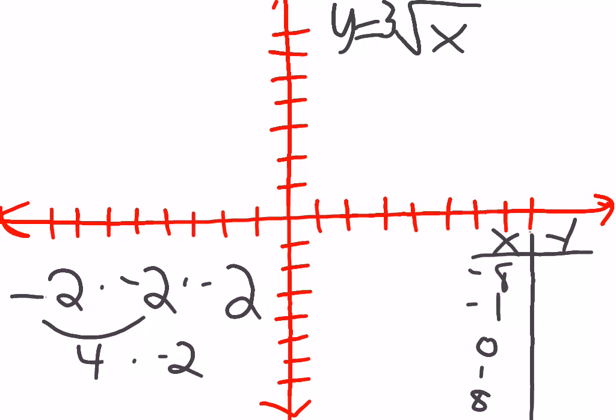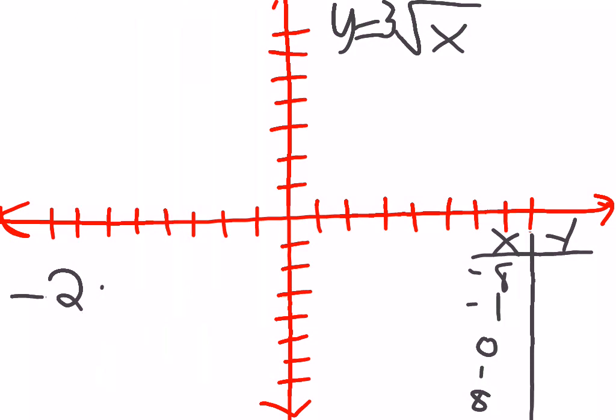Okay, guys? So cubed root lets us take roots of negative numbers because it's cubed and it's odd. If it were even, like a square root, that wouldn't be possible, because we can't take the square root of negative numbers, but we can take the cubed root of negative numbers, because we just saw it. So, the cubed root of -8 is -2.